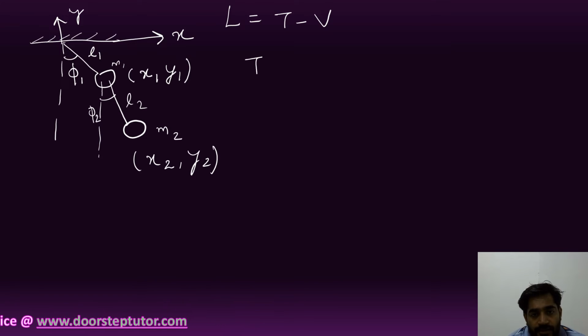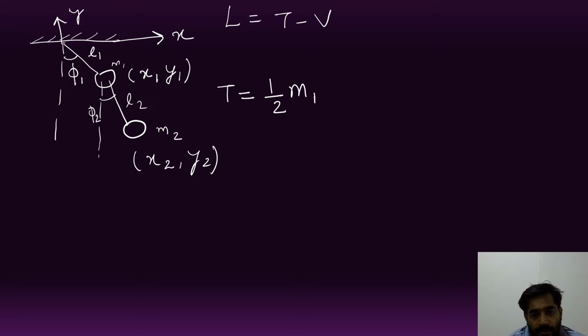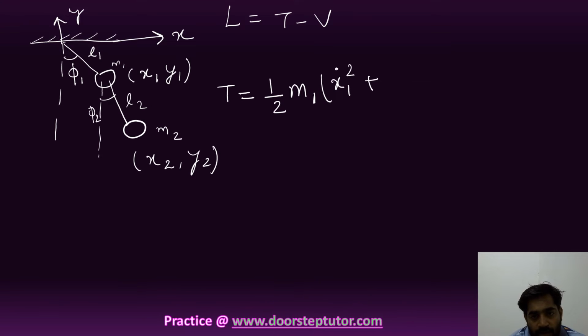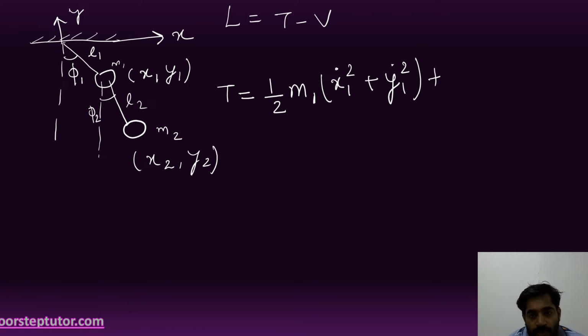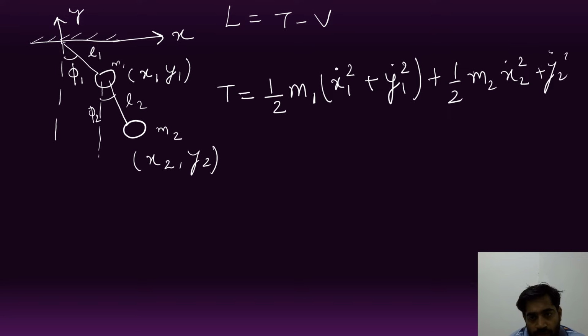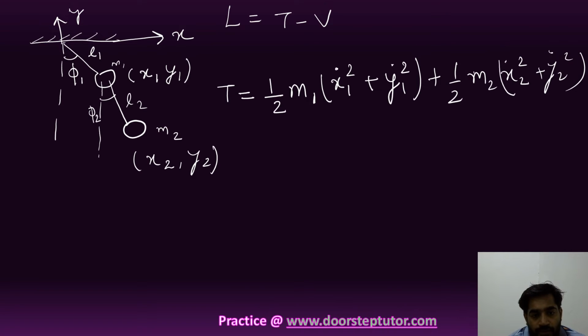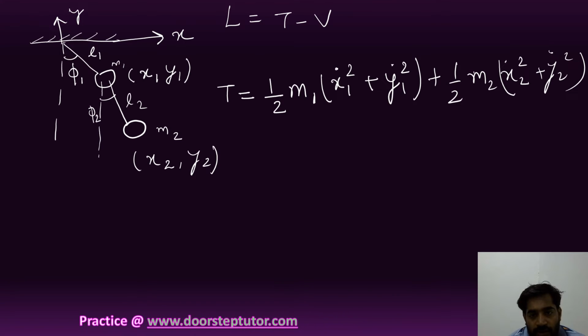So the kinetic energy is half m v square, and for m1 the velocity square will be x1 dot square plus y1 dot square. Similarly for m2 it is x2 dot square plus y2 dot square.